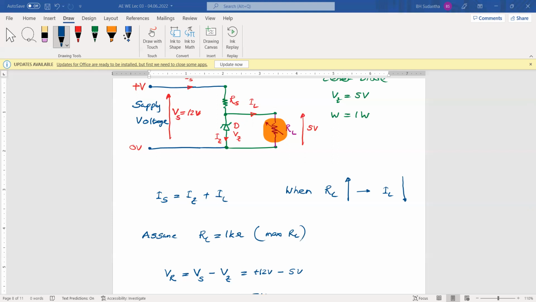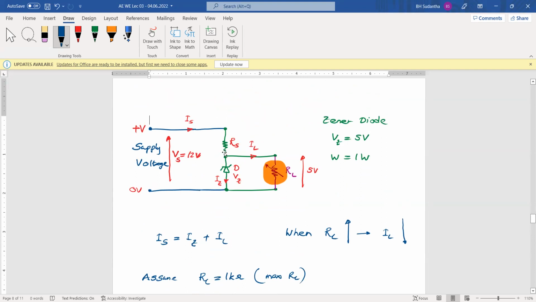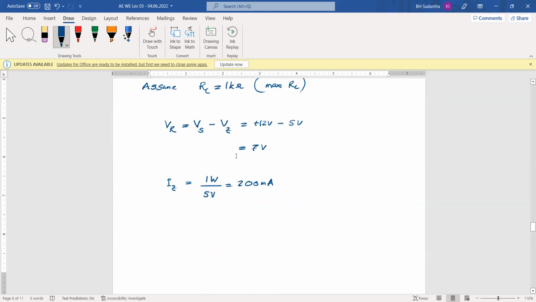Then you can find the minimum value for the series resistor RS. Now you know the 7 volts across this resistor. Then to find RS, we have 7 volts divided by 200 milliampere.